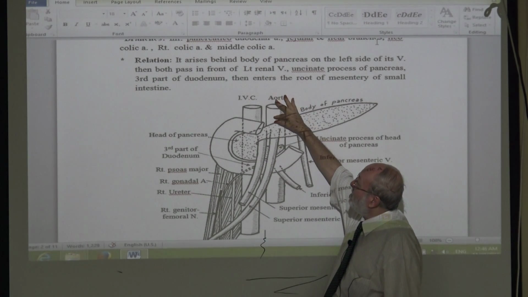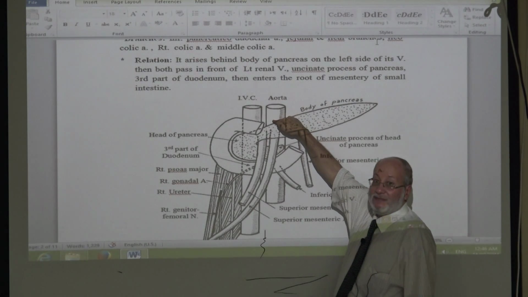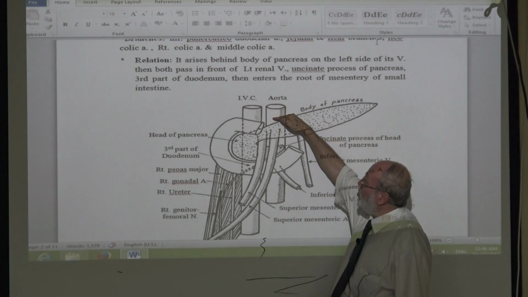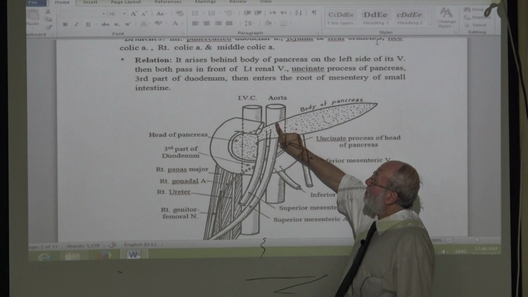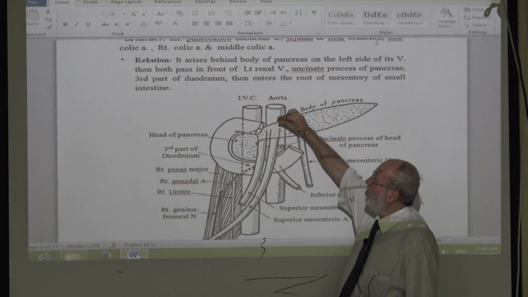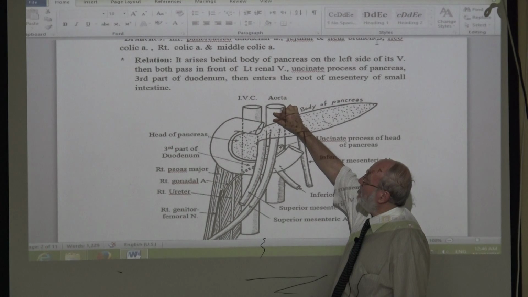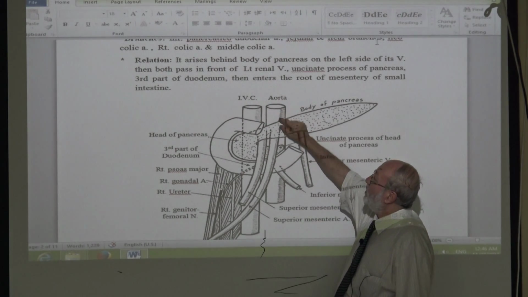Therefore, the celiac trunk is here, and just below the celiac trunk is the upper border of the body of the pancreas.